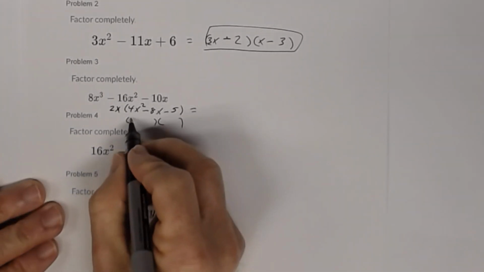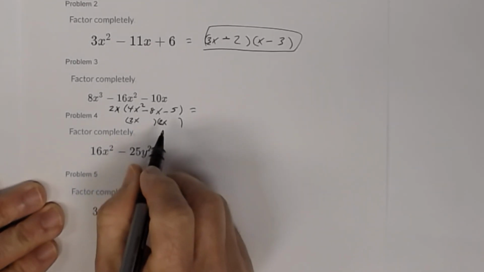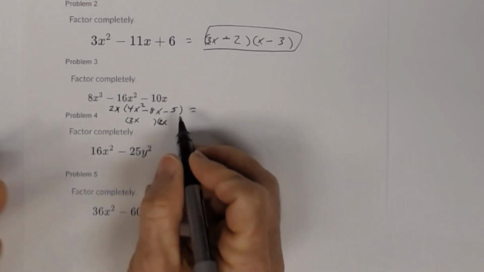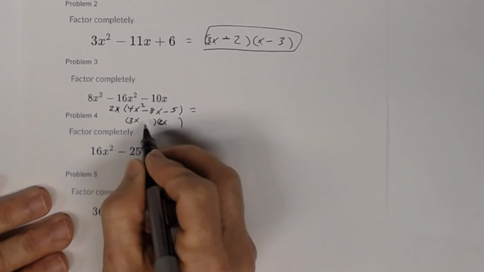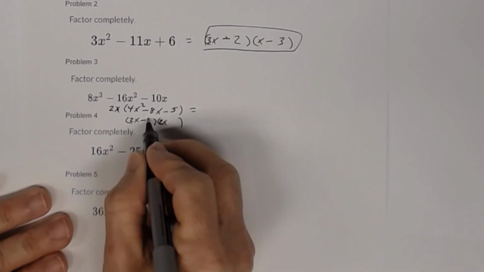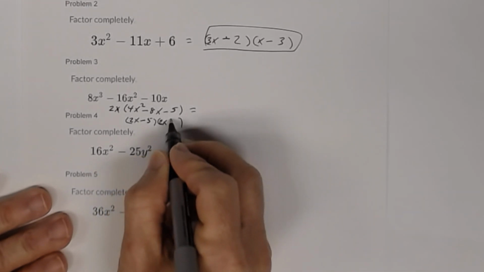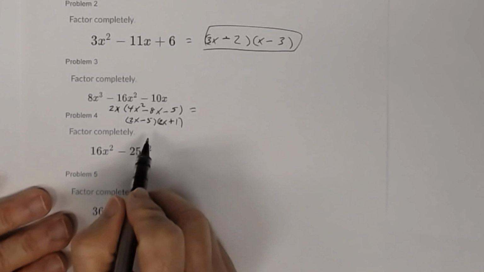For that one, let's try 2x and 2x. So 2x and 2x is 4x squared. For negative 5, there's only one possibility, 5 and 1, so it does not matter where you put the 5 and the 1 because the first terms are identical. So let's put negative 5 here and positive 1 here. The 5 has to be negative, the 1 has to be positive.